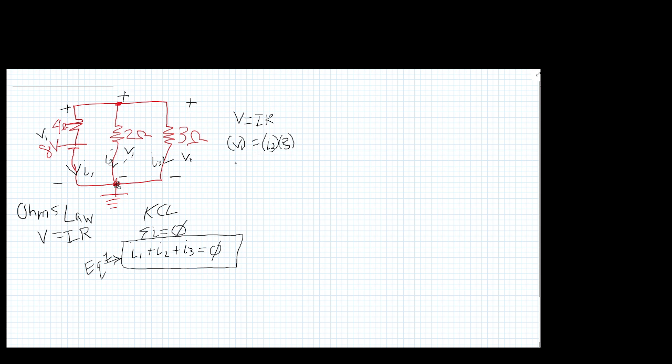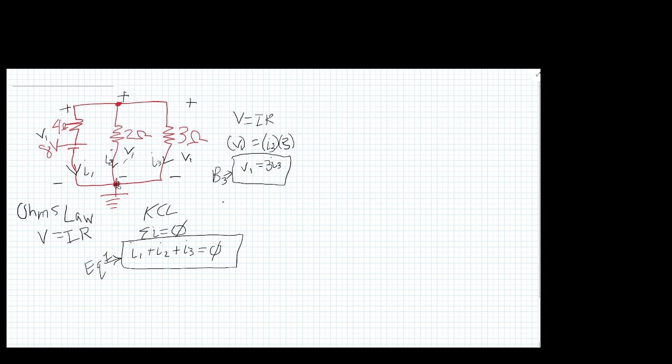So now we have V sub 1 equals, I'm going to try to write the 3 again, I sub 3 times 3. Okay. So now we got our equation for branch 3, right?